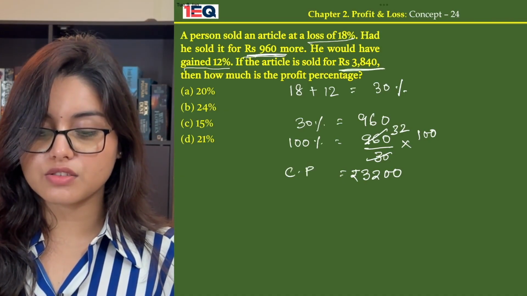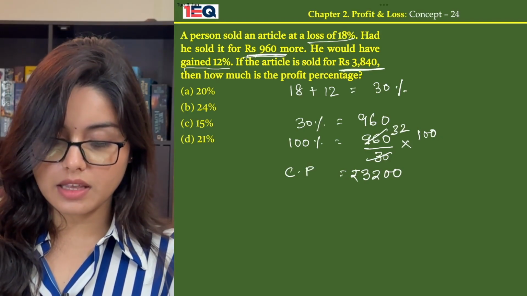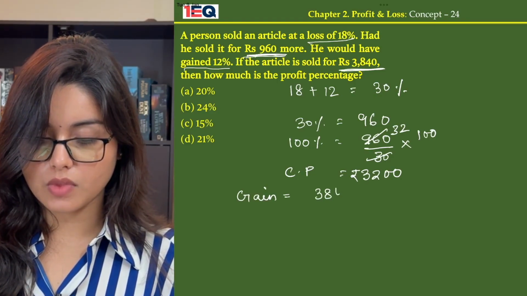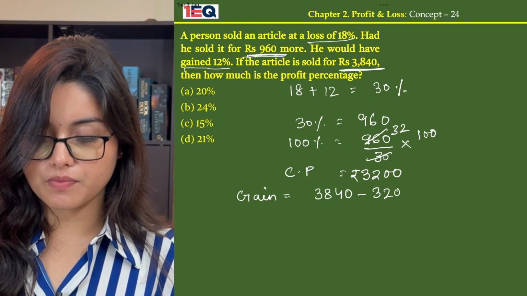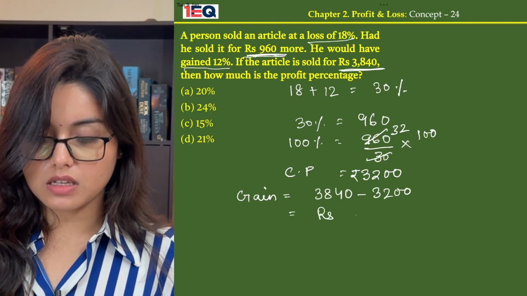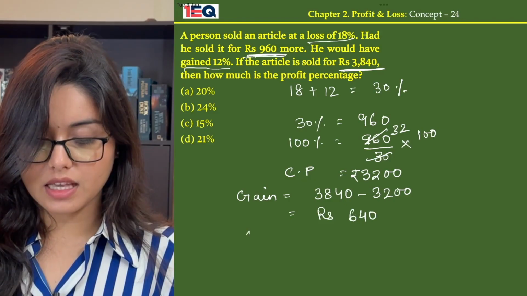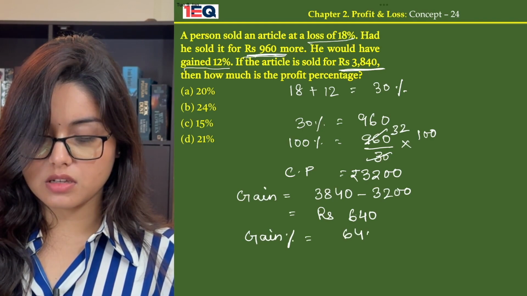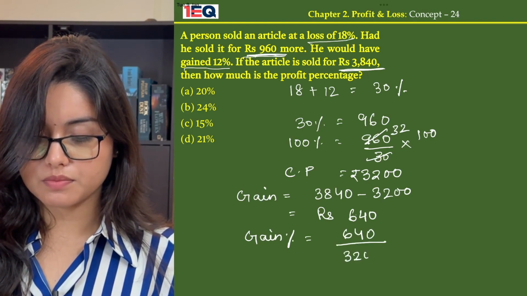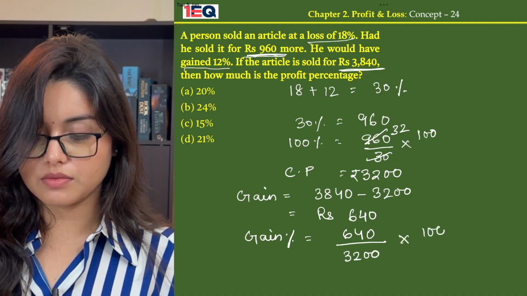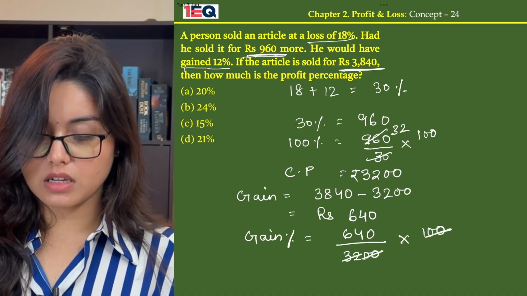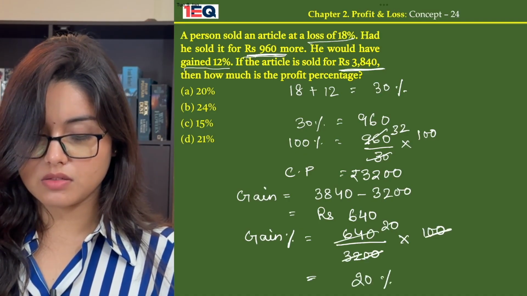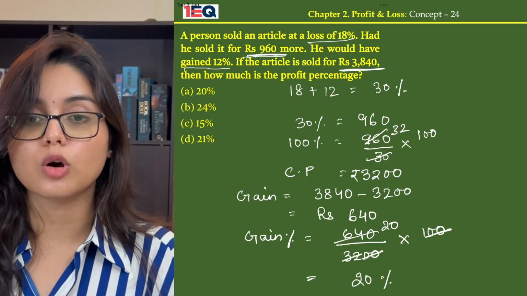Given selling price is 3840, then the gain amount will be my selling price minus cost price, that is rupees 640, and gain percentage then becomes profit by cost price into 100. 0 gets cut, 20, that is 20%. So, our answer to the question is option A.